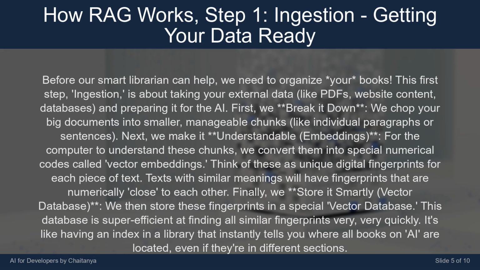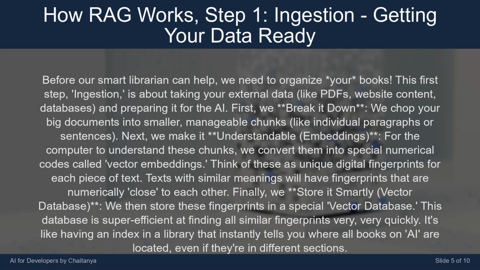Next, we make it understandable, embeddings, for the computer to understand these chunks. We convert them into special numerical codes called vector embeddings. Think of these as unique, digital fingerprints for each piece of text. Texts with similar meanings will have fingerprints that are numerically close to each other.